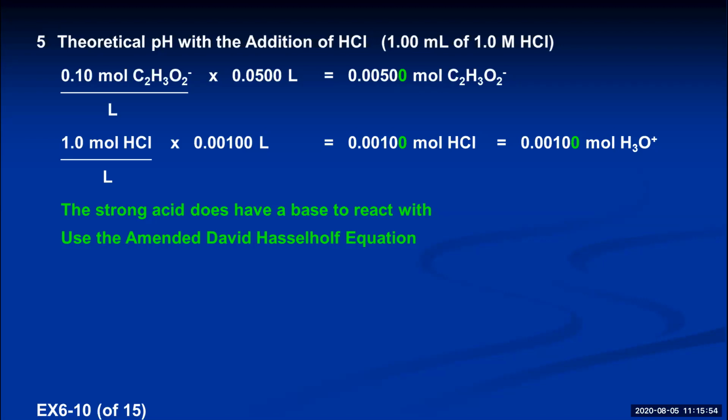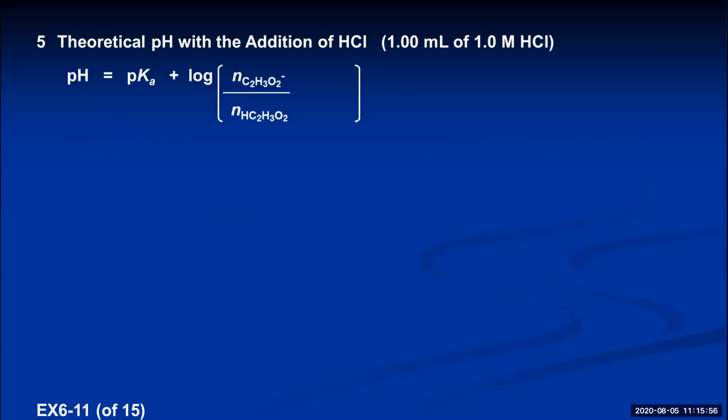So let's now go to the amended form of the Henderson-Hasselbalch equation. In this case, we're adding a strong acid, so you have to ask yourself, what do acids react with? They react with bases. And that's what's in the numerator here, the moles of the acetate ions, that's the base. So that's going to be decreased by the number of moles of acid we're putting in there. So I'm going to go minus the moles of acid on the top, and it actually turns the conjugate base into the weak acid.